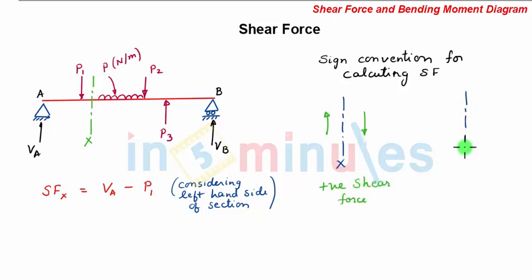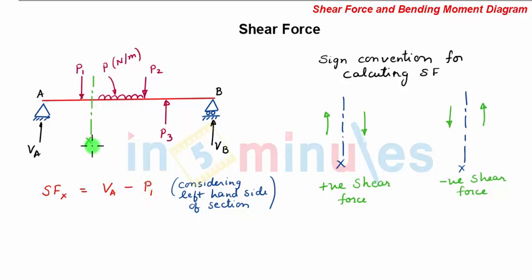Downward force on the left hand side and upward force on the right hand side are considered as negative shear force. So when we consider the left hand side of section X, the support reaction VA is upward, so we have positive VA, whereas P1 is downward, so we have negative P1.